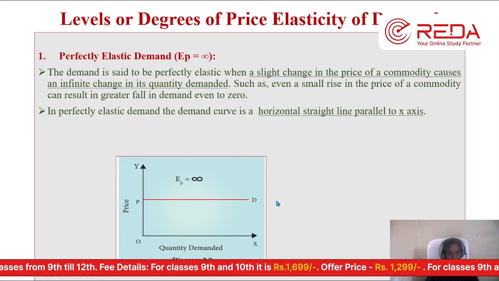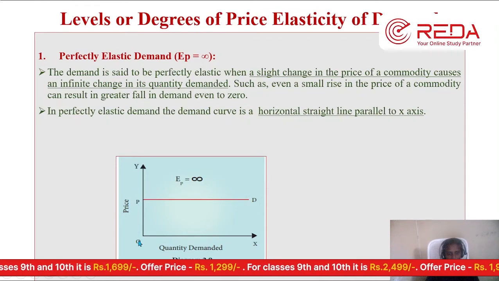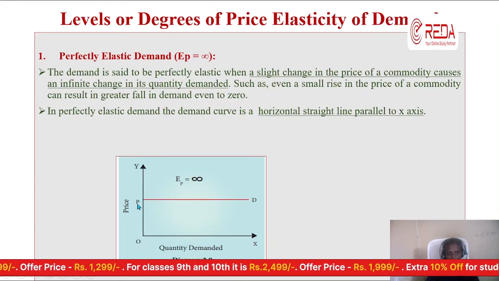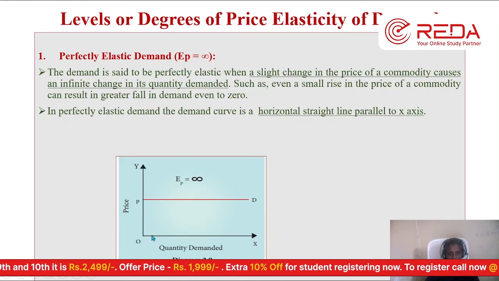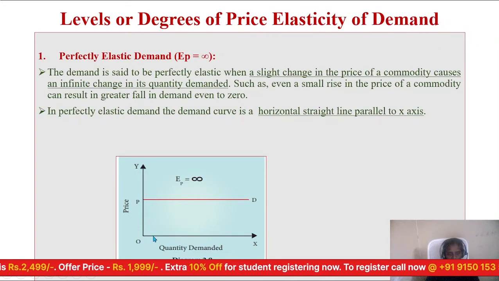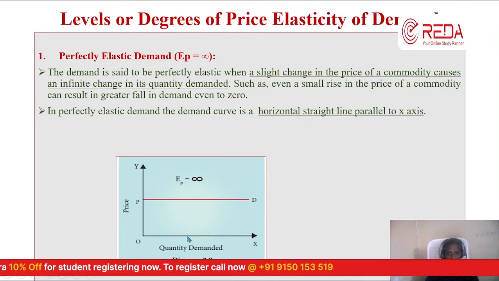How does it happen? You see the diagram. We are taking quantity demanded on the x-axis and price on the y-axis. Suppose the price level of a commodity is from 0 to P. What will happen to the quantity demanded? It may be from 0 to Q1 level, Q2 level, Q3 level. It depends upon the income of the consumer.